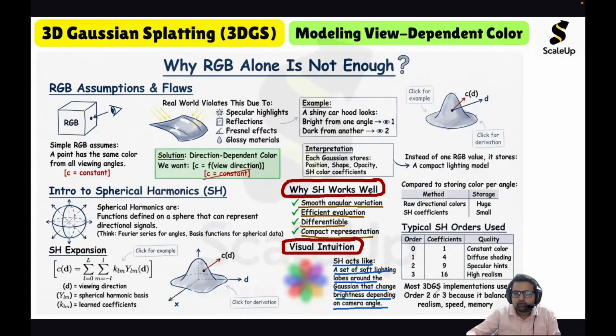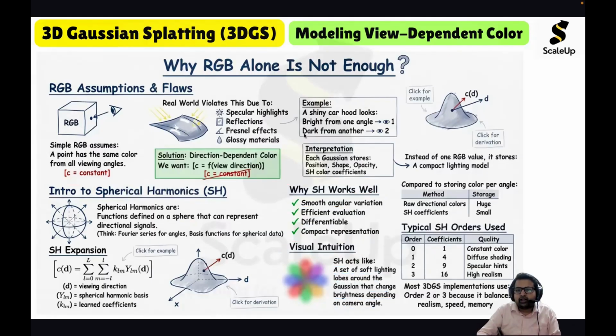Okay, so now it's very clear that each 3D Gaussian will store the position, the shape, size, and orientation, which will be taken care of by the covariance matrix, the opacity, and for color, it will make use of SH, the spherical harmonic color coefficients.